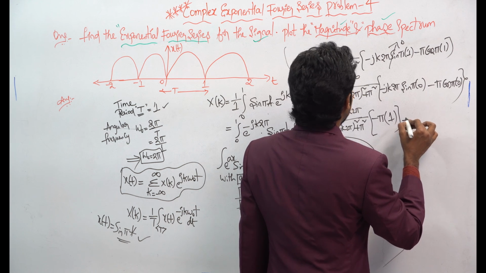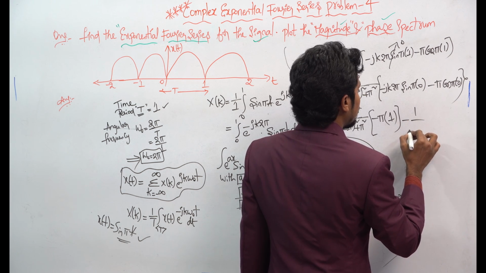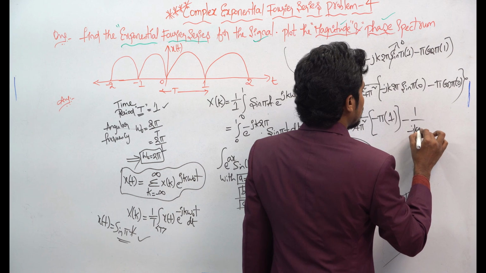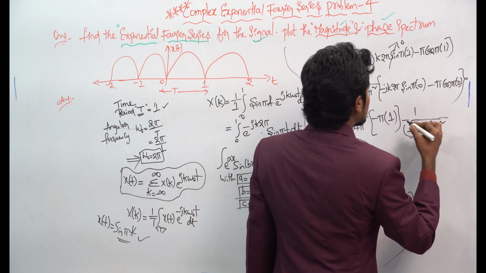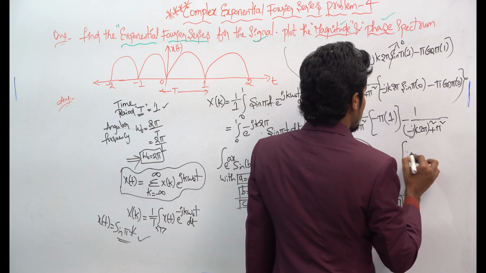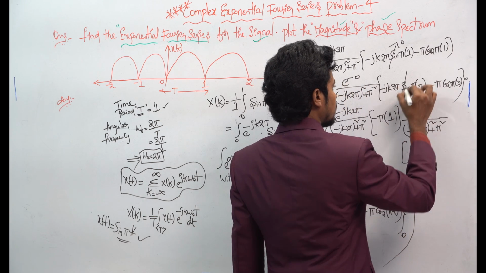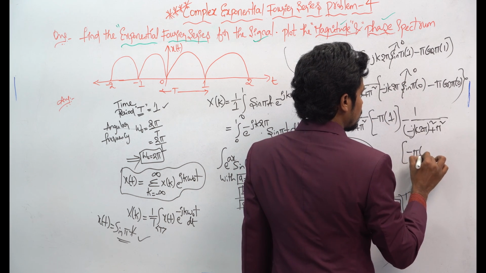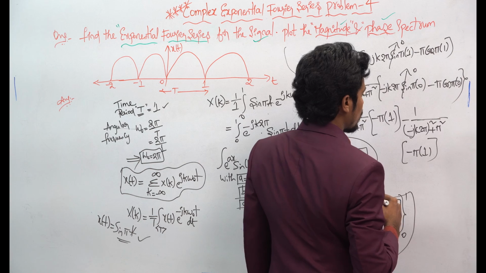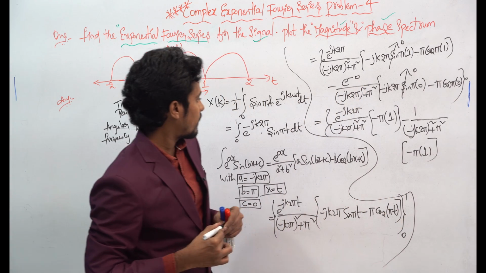Next, minus e power 0, which is 1, divided by minus jk into 2 pi whole square plus pi square, into sin 0, which is 0, minus pi into 1. Now what do you have to do?